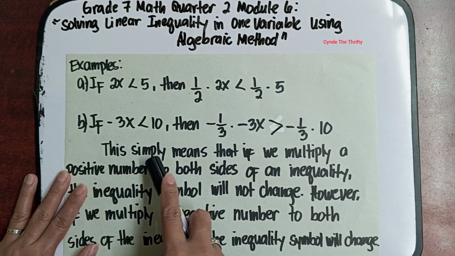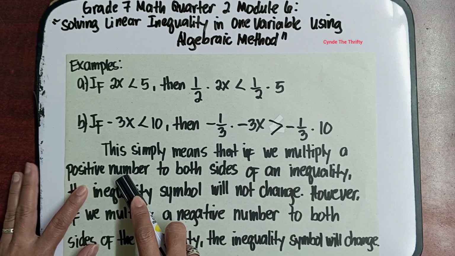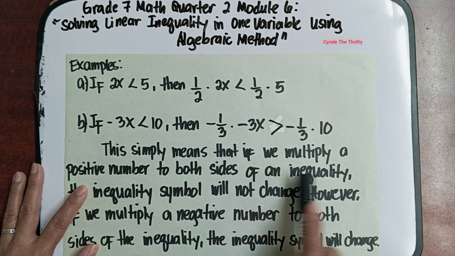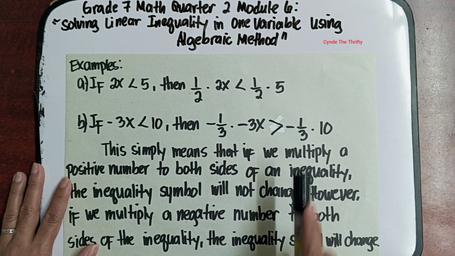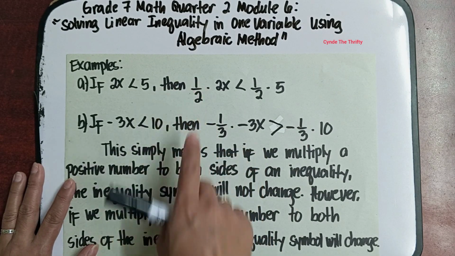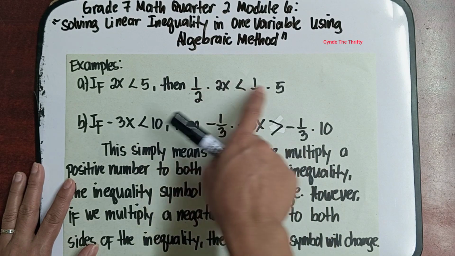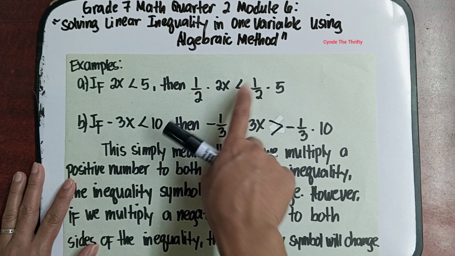Okay? So this simply means that if we multiply a positive number to both sides of an inequality, the inequality symbol will not change. Gaya nitong ating first example, dahil positive na reciprocal ang ating minultiply sa both sides, hindi nagbago ang ating symbol. Pareho lang siya, less than.